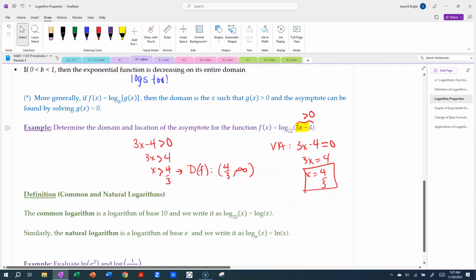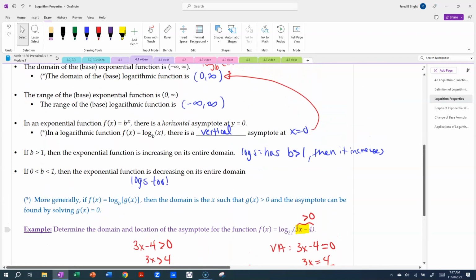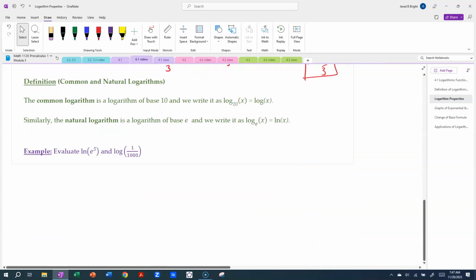Now, some other properties of logarithmic functions: we have two special logarithms that we see frequently. We talk about common log and natural log, and common log means that it just has base 10. So if you see a logarithm that doesn't have a base, and it expresses log of x, that is assumed to be base 10.